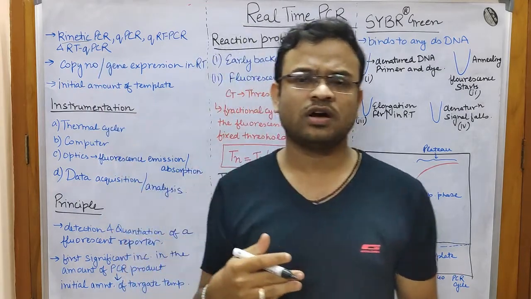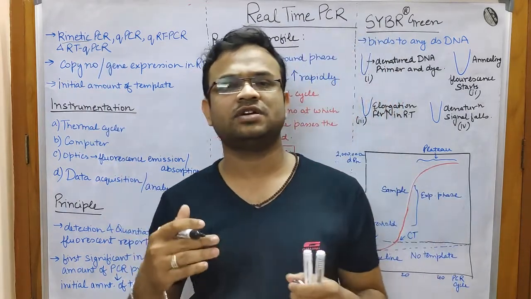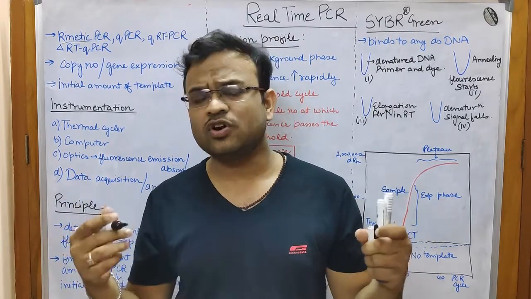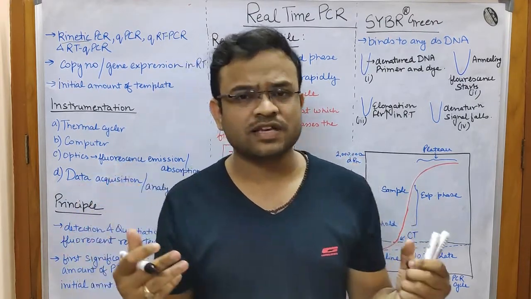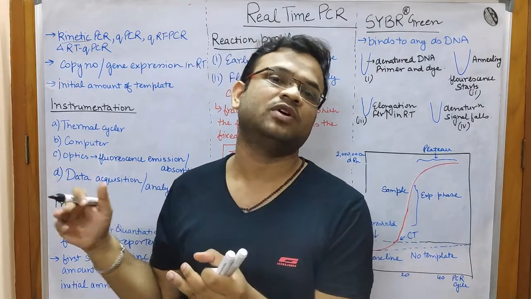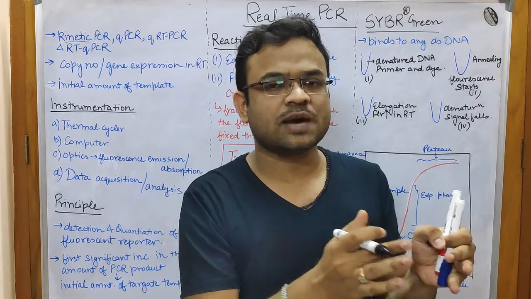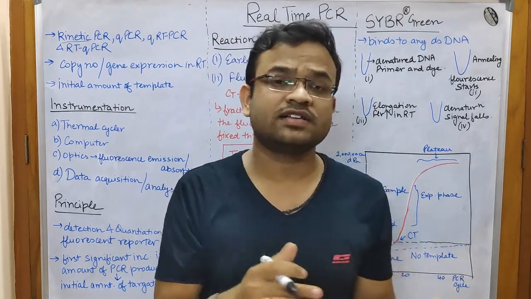Because you might have heard about kinetic energy, about the movement it involves. Here we are analyzing things in real time. We are doing it currently. What is happening in the current scenario, we are interested in that.